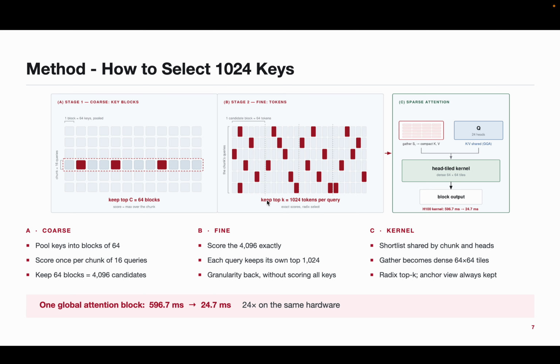However, that's still not the end of the story, because it turns out LLMs use quite a lot of heads and quite a big head dimension. That lightning indexer, which I kind of glossed over in the previous section, is fast because it down projects the number of heads and the head dimension. That's how the lightning indexer in DeepSeek is so much faster.